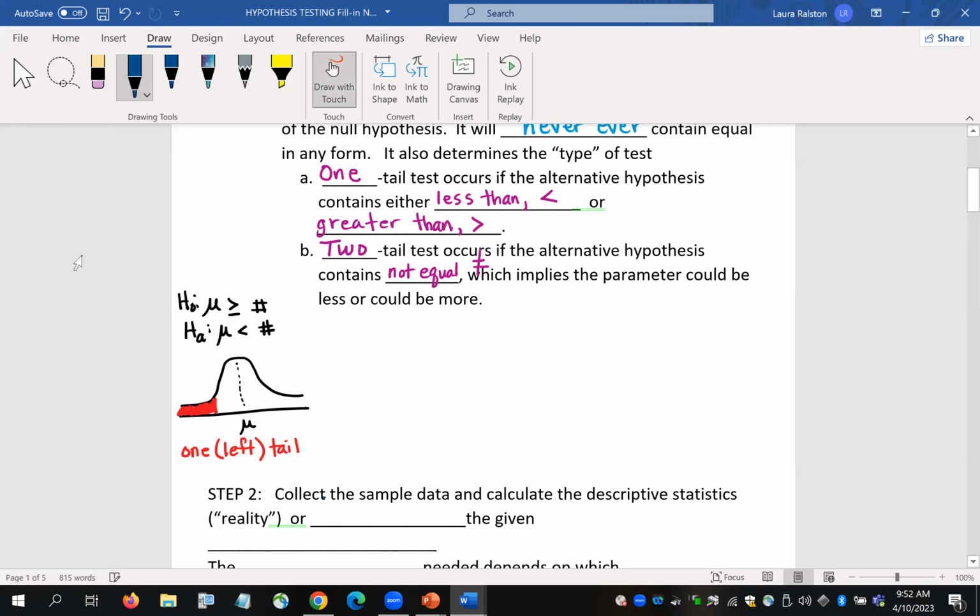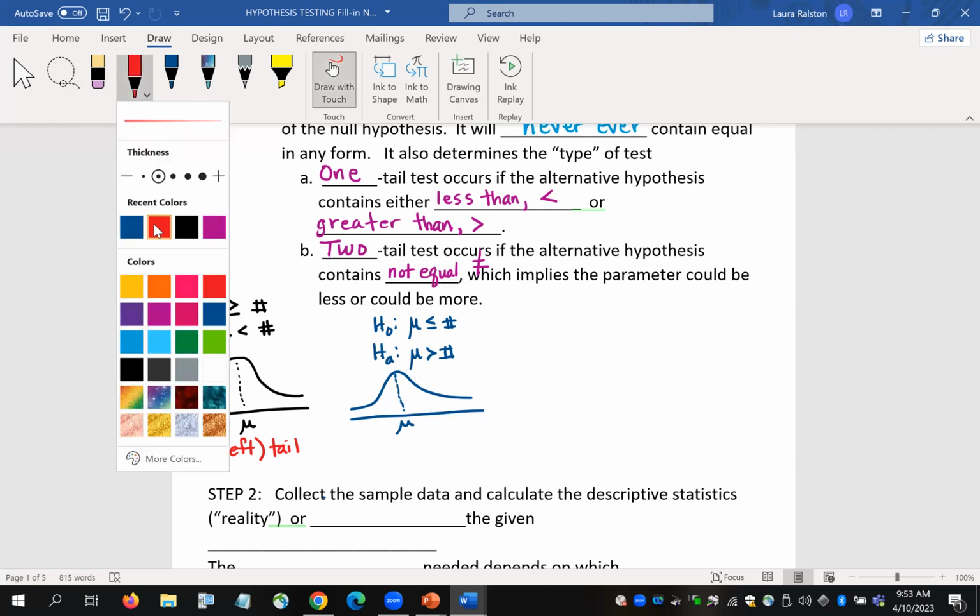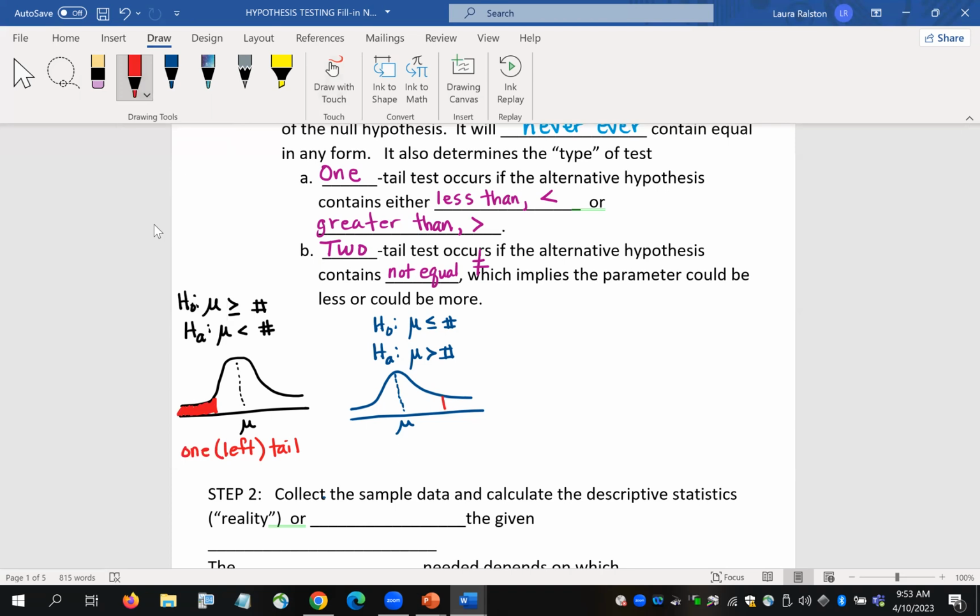If we had the scenario where the mean is less than or equal to a number, so that our alternative hypothesis is greater than a number, again, think about our normal bell-shaped distribution with the mean in the middle. We're trying to claim that we're greater than, which would be some region to the right.